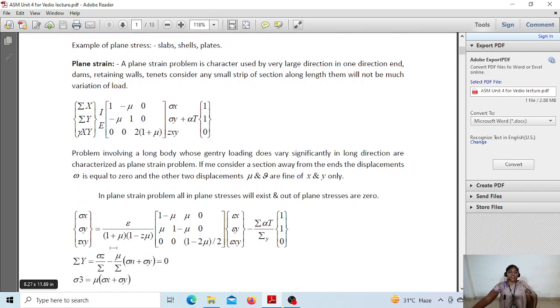For that, this is the relation: sigma x, sigma y, tau xy is equal to E by (1 plus mu)(1 minus 2 mu) into the matrix 1 minus mu, mu, 0, mu, 1 minus mu, 0, 0, 0, (1 minus 2 mu) by 2, into epsilon x, epsilon y, gamma xy. Again minus E alpha t by (1 minus 2 mu) into 1 1 0. This indicates temperature stresses again.